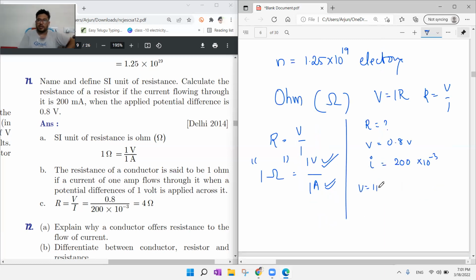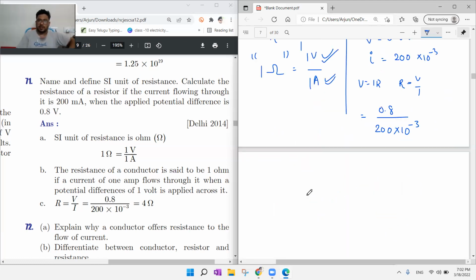We know Ohm's law, V is equal to I into R. From this, R is equal to V upon I. Now V value is 0.8 upon I value is 200 multiplied with 10 to the power of minus 3. If you solve this, it becomes 0.8 into 10 to the power of 3 upon 200, which means 0.8 into 1000 upon 200. 0.8 into 1000 is 800.